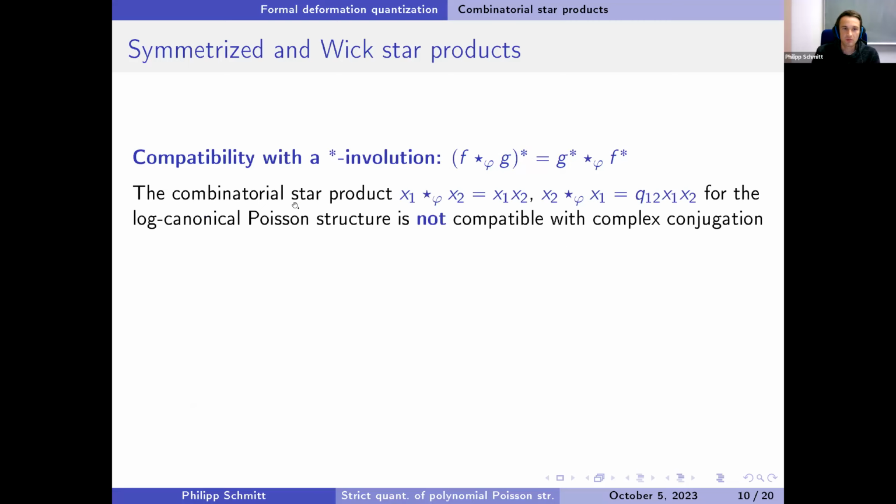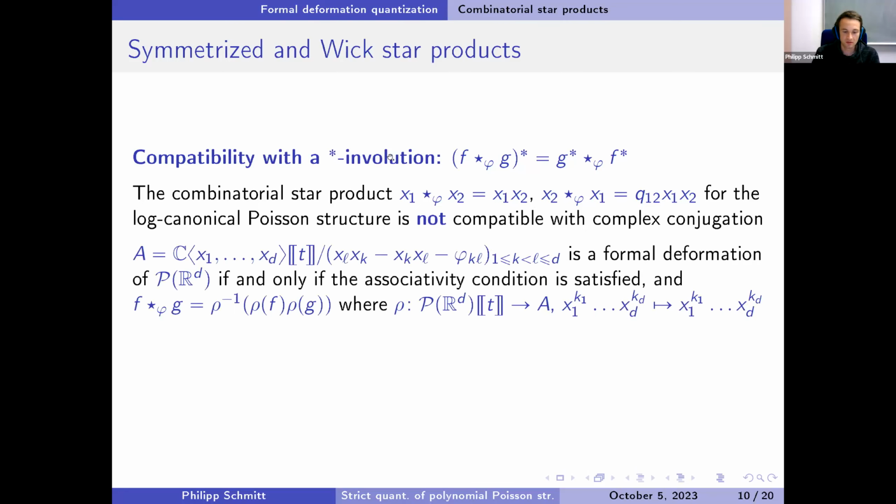It turns out that this combinatorial star product is not compatible with the complex conjugation. You compute x1 star phi x2, and you do not need to swap anything, so the result is just x1 x2. Whereas if you compute x2 star phi x1, you would pick up this factor of q, which has the Poisson structure sitting in first order. So those two expressions will not be the same, and they will also not just be the complex conjugate of each other.